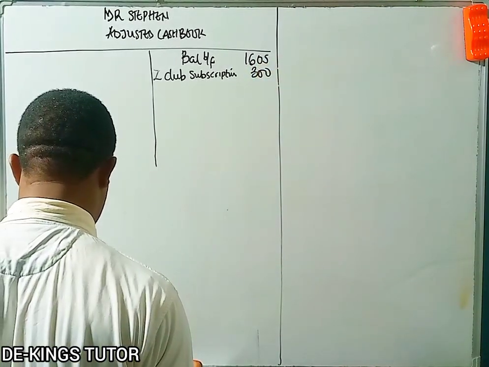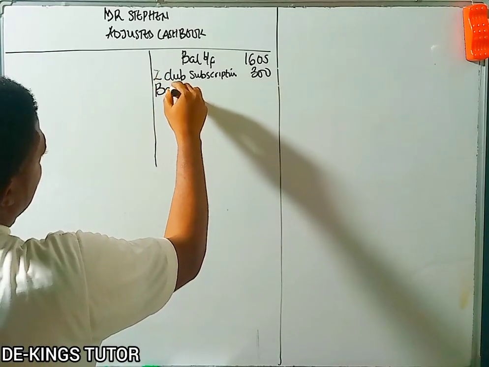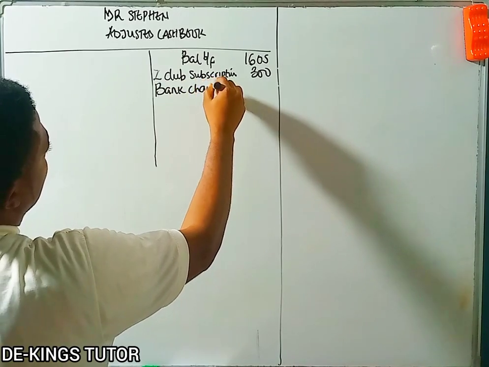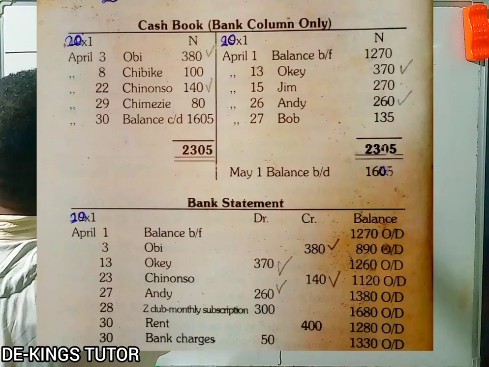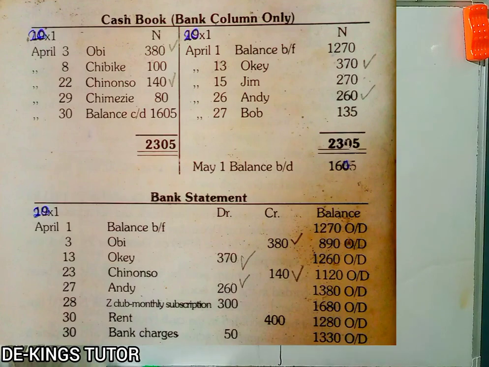Now another one there is bank charges. Bank charges is how much? 50. Okay, so I think that's just the two items. 370 is there, Andy 260 is there. So the next one is the credit side.